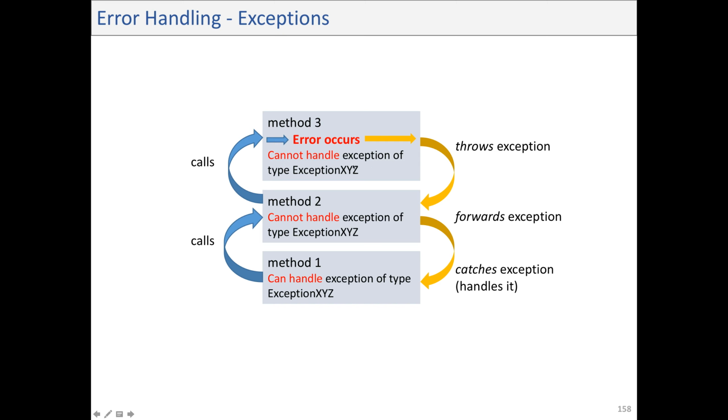Let's assume method 3 cannot handle that. Method 3 might be something like our factorial method. If method 2 calls method 3 with a negative number inside, what could the factorial function do? Nothing. It cannot handle the faulty case, so it throws an exception to method 2.